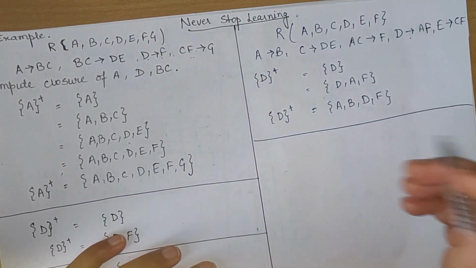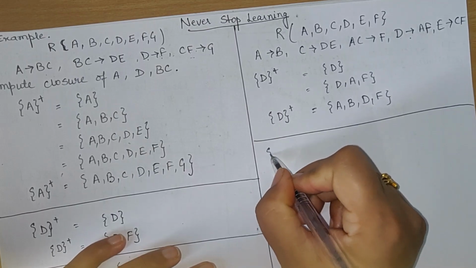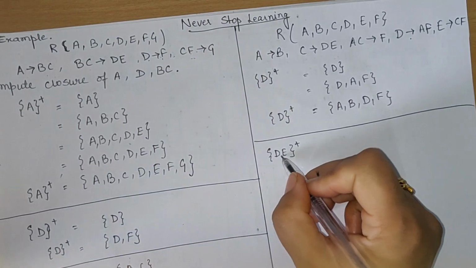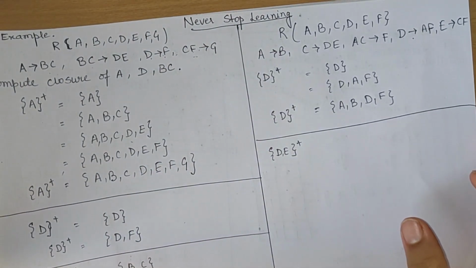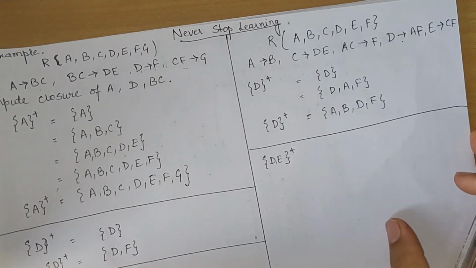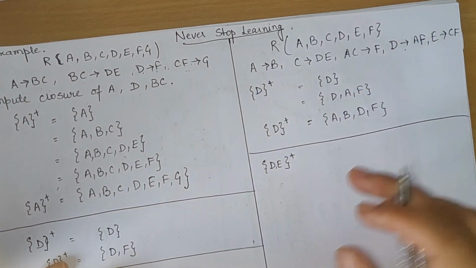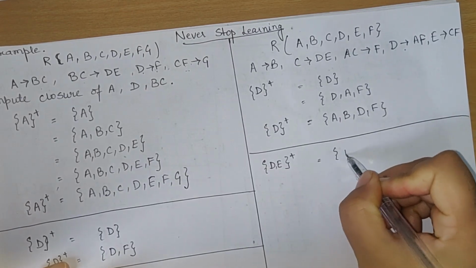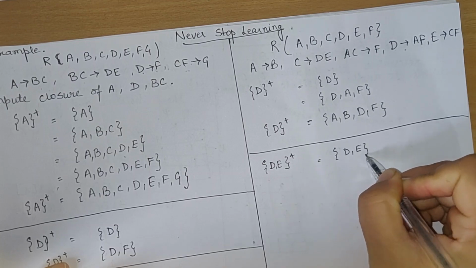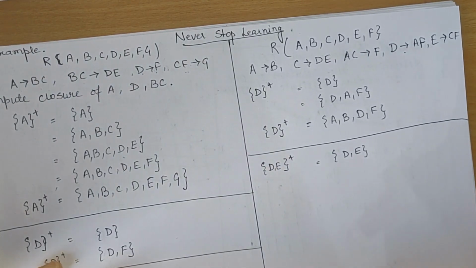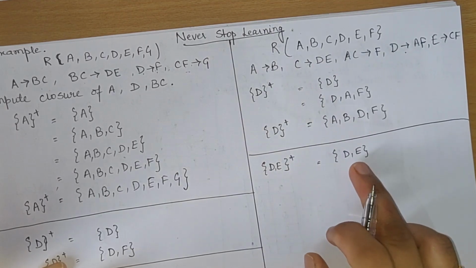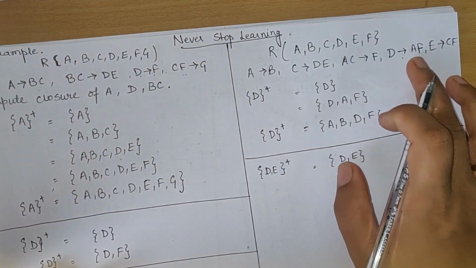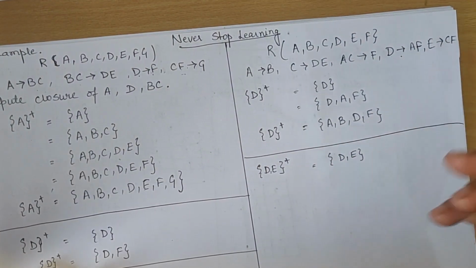Right? Now let's take one more example. For the same question, this time let's compute the closure of DE. First, I have to add the attributes which are already present. What is already present? DE. So in the result set I will add DE. Next, those which are functionally determined by the attributes already present. D determines AF, so using D I can get AF.